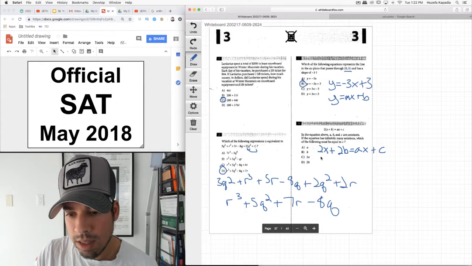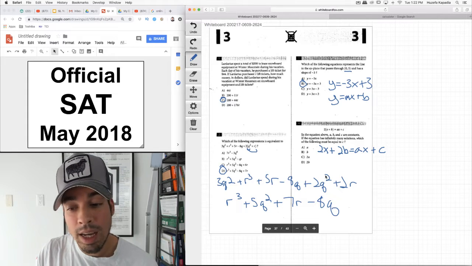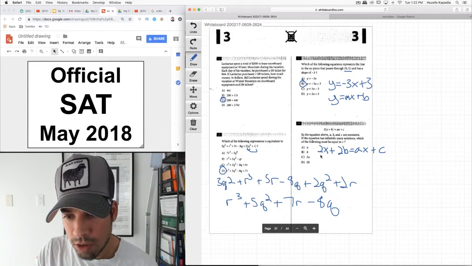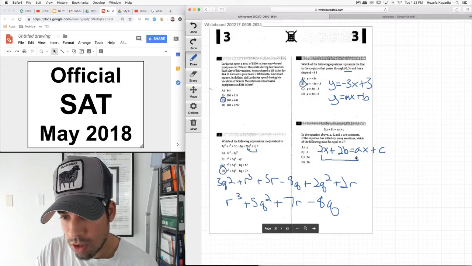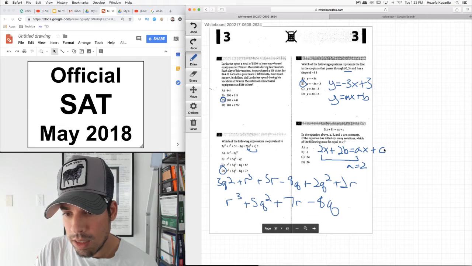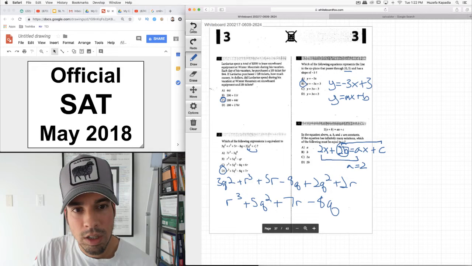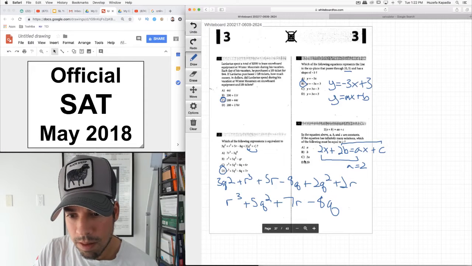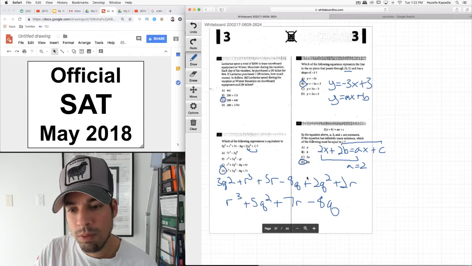Now we can quickly see that to have infinite solutions, it has to be the same on both sides, which means a must equal 2, and c is a constant that must equal that entire term, therefore c equals 2b. Boom, that's it.